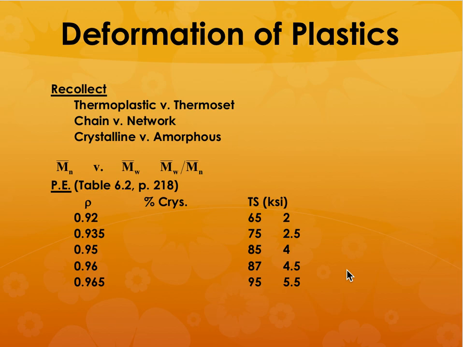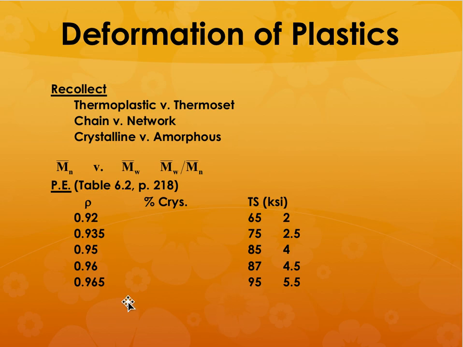So you look at this material, it's polyethylene. So if the density is 0.92 and it only has a crystallinity percentage of 65%, so most of the material, 35% of the material is amorphous. So you can see that it is much weaker and it only has a strength of 2 ksi.